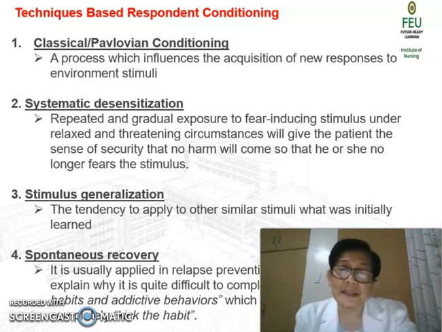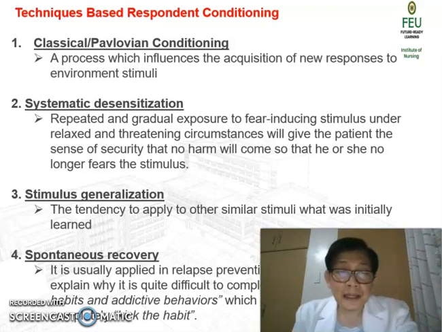Systematic desensitization is the repeated and gradual exposure to a fear-inducing stimulus under relaxed and non-threatening circumstances that gives the patient the sense of security that no harm will come, so that he or she no longer fears the stimulus. While stimulus generalization is the tendency to apply to other similar stimuli what was initially learned.